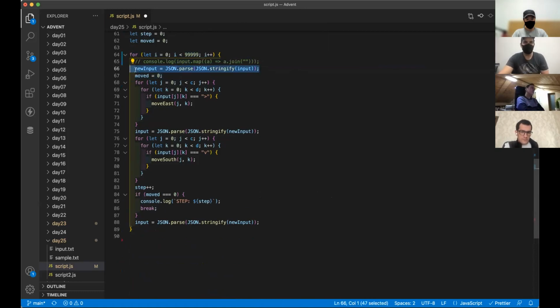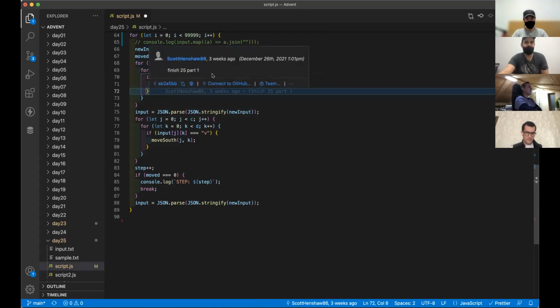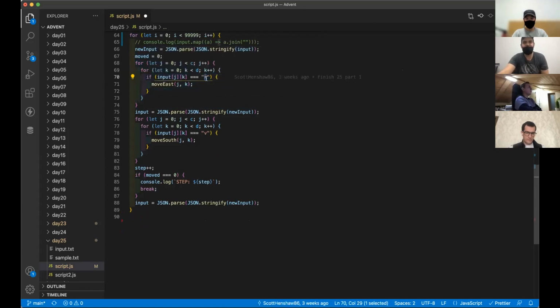Now I'm gonna make a copy of my input. I'm just using JSON parse, JSON stringify to get a copy of my input array. And I'm gonna set my moves to 0 for each loop, because for each step, I wanna see if anybody moves. Now I'm gonna loop through my rows and my columns, and I'm gonna move all of my eastern dudes. I check if an element in my grid is a guy that faces east, I see if he can move.